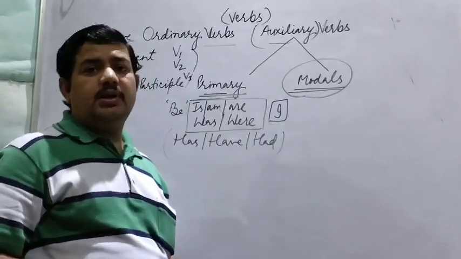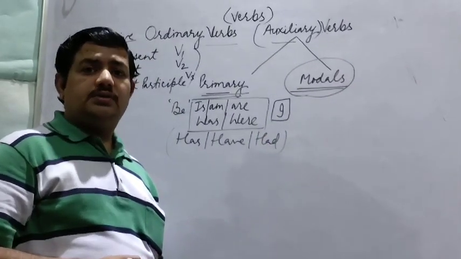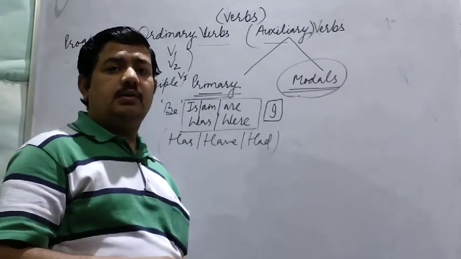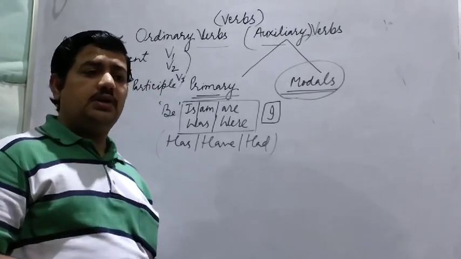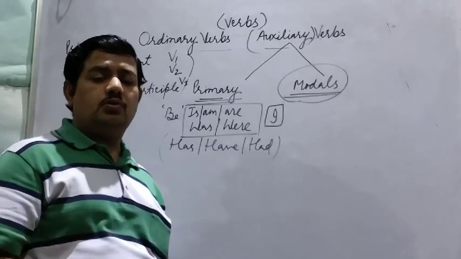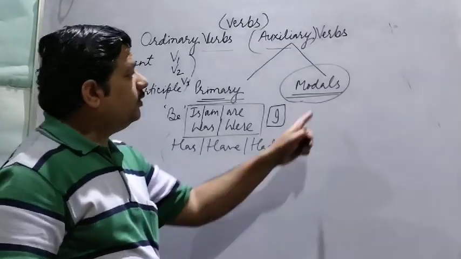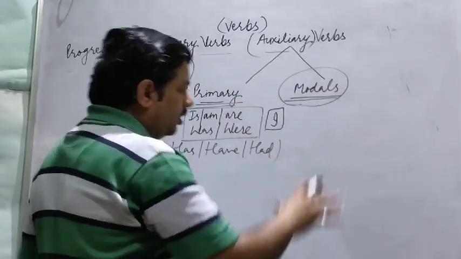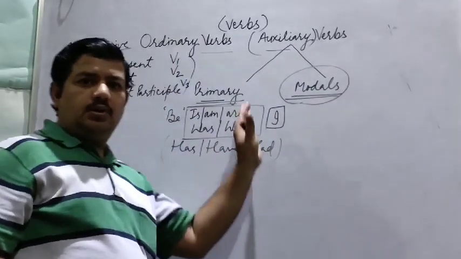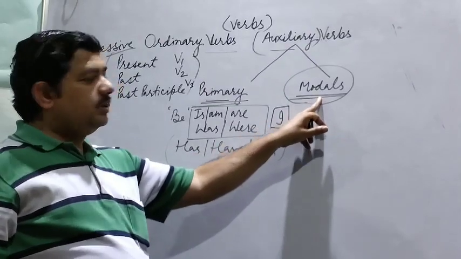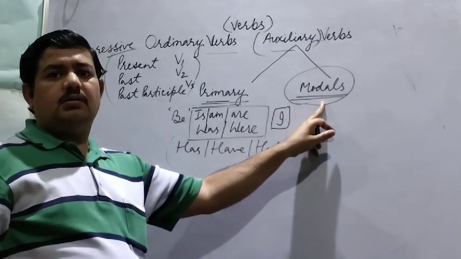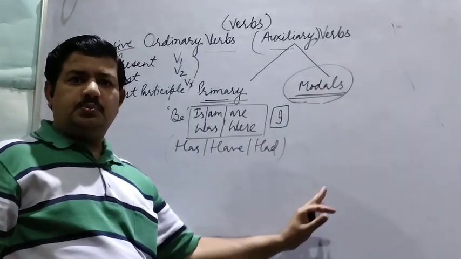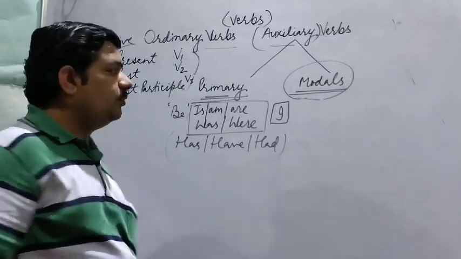But it will not happen here when we use modals. Modals are situational. Okay, these are a little bit conditional. According to condition, according to consequence, according to some situation, we use them. Okay, so when we talk about the complete chapter of verb, modal itself is a different chapter. We will discuss this particular chapter in detail.